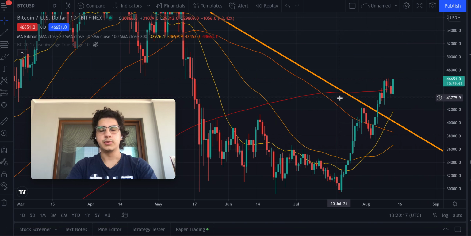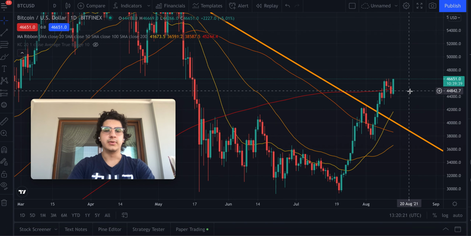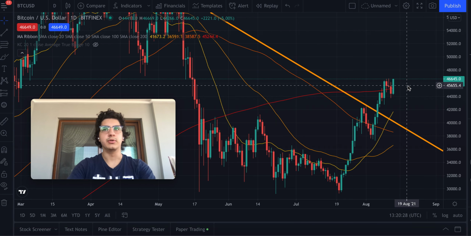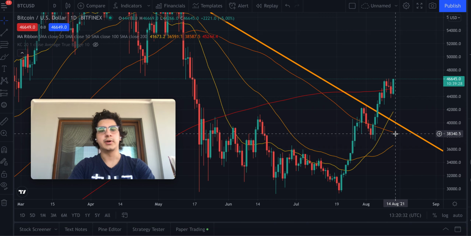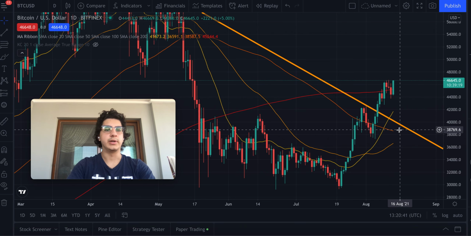Generally, the longer the time, the 200-day moving average, the slower and less volatile it is, with a smoother line because it's the average of 200 days. While the other ones, like the 20, the 50, the 100, are more volatile because they change depending on the short-term price action too, especially the 20-day one.